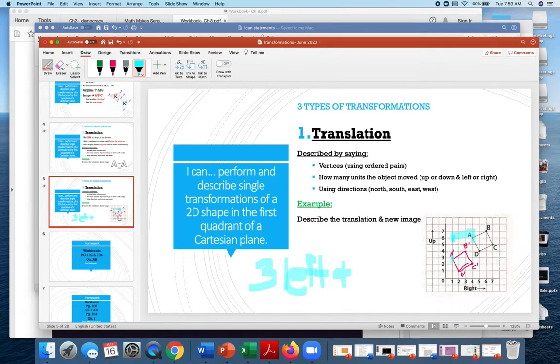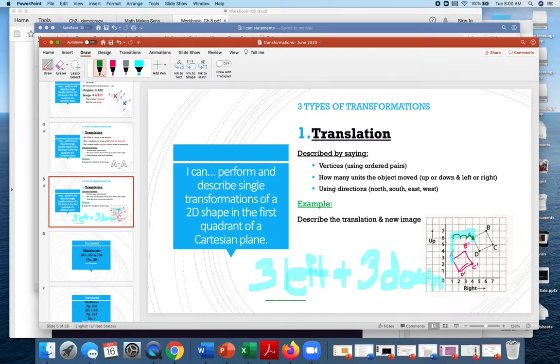And how far do I go down? So I'm here. I'm going to go 1, 2, 3 down. And 3 down. All right, there we go. Are we confirmed with that? Maybe I'll show this again with a different color. Here I had my A, and I went 1, 2, 3 to the left.